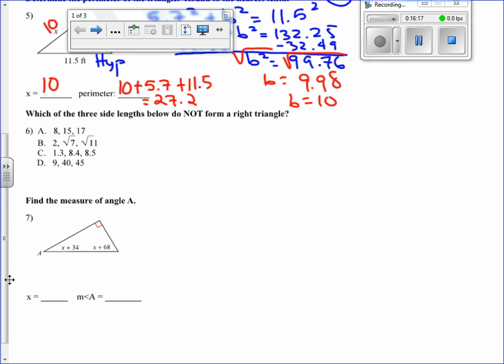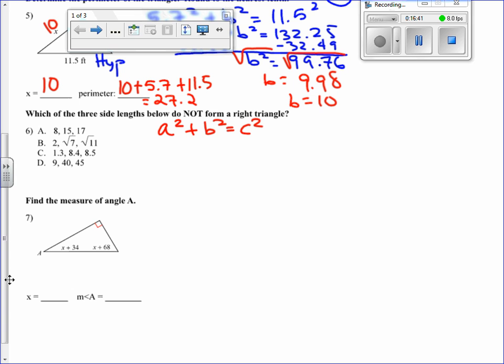We know that a squared plus b squared equals c squared. So you just want to test to see which set of numbers fulfill this Pythagorean theorem.